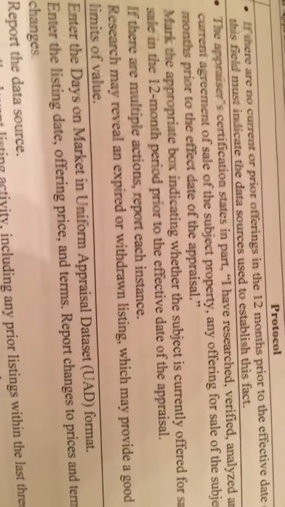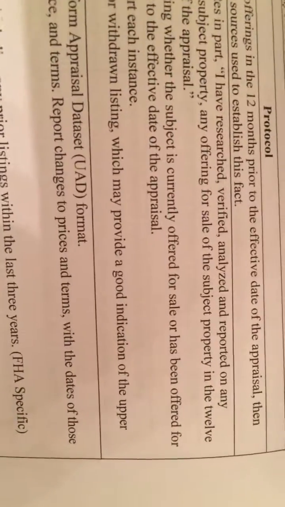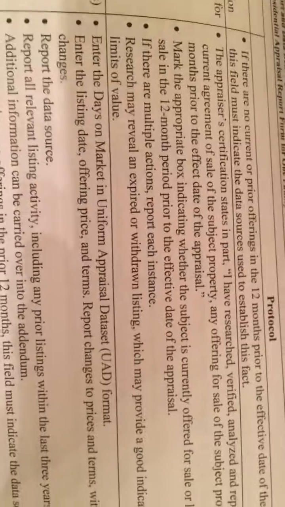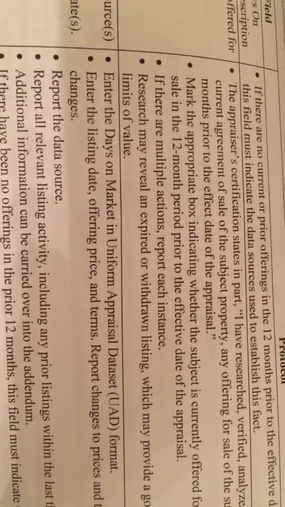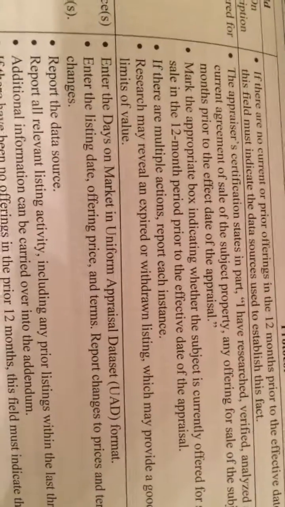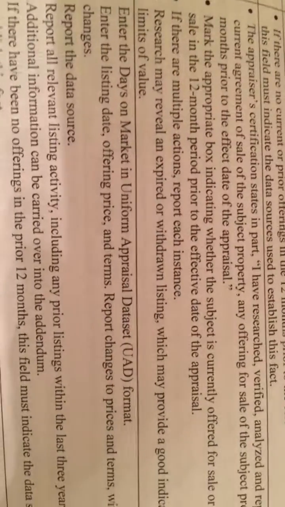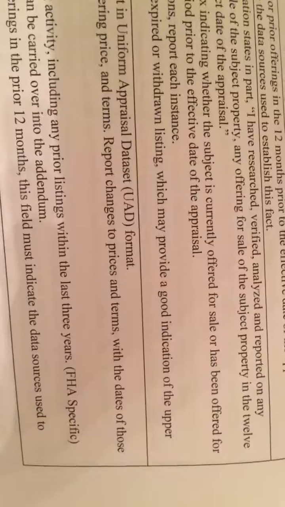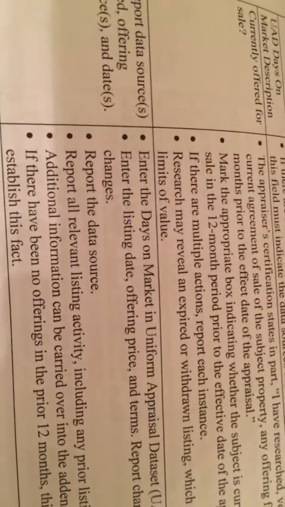Mark the appropriate box indicating whether the subject is currently offered for sale or has been offered for sale in the 12-month period prior to the effective date of the appraisal. If there are multiple actions, report each instance. Research may reveal an expired or withdrawn listing, which may provide a good indication of the upper limits of value.